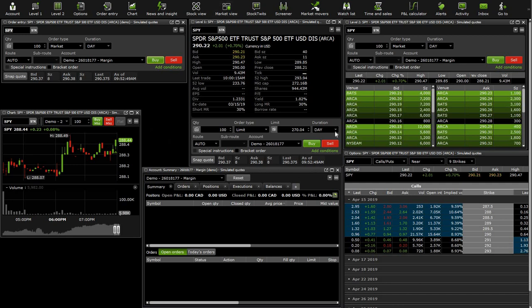Level 1 shows you the bid and the ask prices here. The bid and the ask on your level 1 are going to be different than the level 2. With level 1, these are called lots, so these are multiples of 100. Over here you see the actual share count, but this is multiplied by 100.